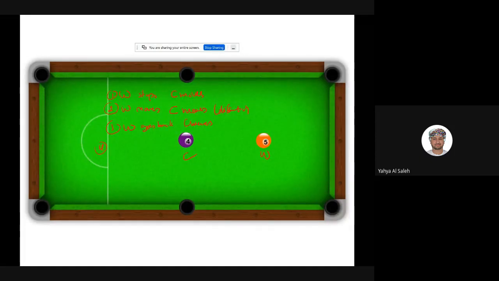Option four, white and color move together. Any other options that I have forgotten? No? The directions could be different, but the movement and stopping, this is pretty much it, right?